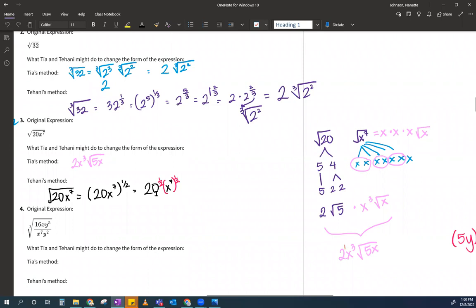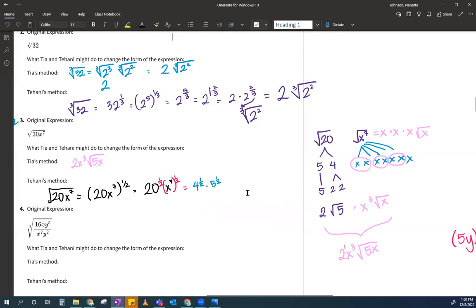So then this 20 to the 1/2, this is what my brain is thinking right here. So for the 20, it would look like this. It would be 4 to the 1/2 times 5 to the 1/2. Right?